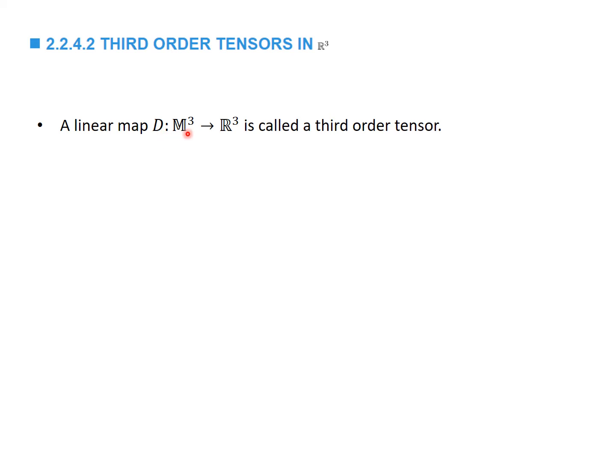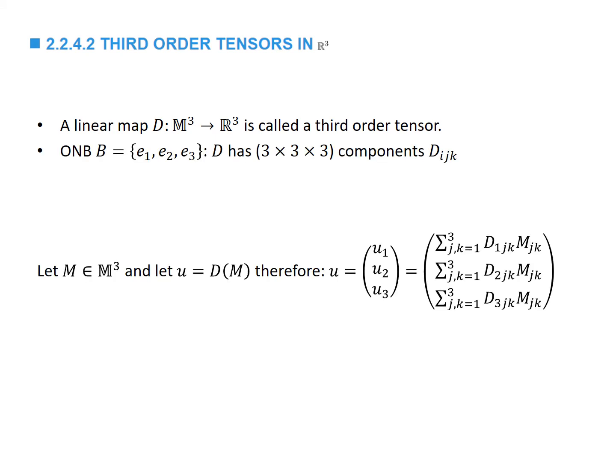When applied to matrices, it will need 2 subscripts because the matrices have 2 subscripts, and because it provides a vector, it has another subscript. So, given an orthonormal basis set B with E1, E2, and E3, D would have 3 by 3 by 3 components, 27 independent components.